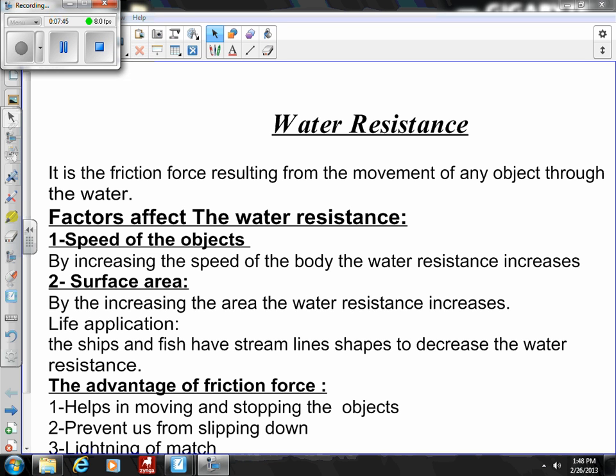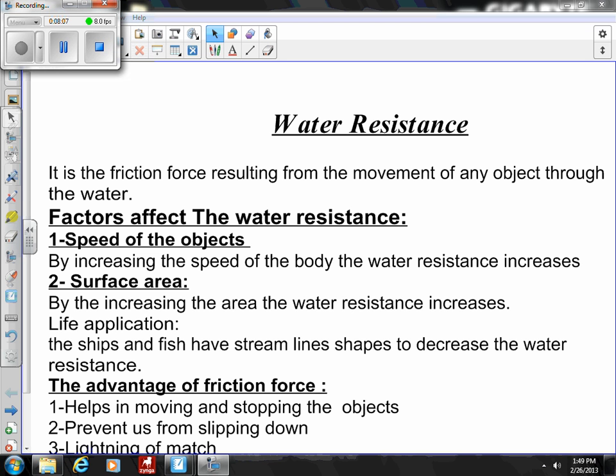Number three, how can I control the direction of any moving object like cars? By what? By friction force. I control the direction and speed of any moving object by friction force.